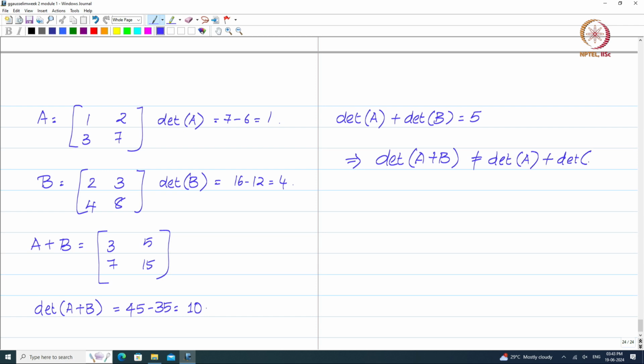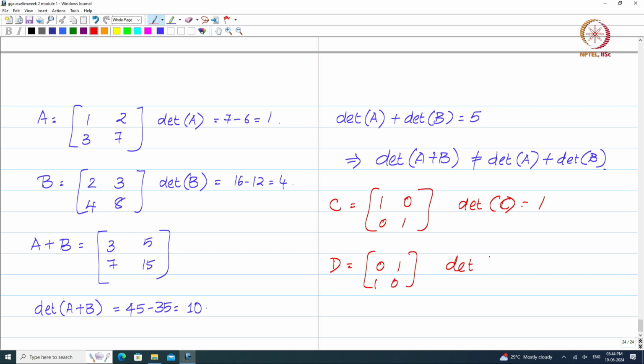However, suppose we take another matrix C, 1 0 0 1. Its determinant of C is 1. Another matrix D, 0 1 1 0. The determinant of D is minus 1. Now, we add the matrices C plus D, then we get 1 0 0 1 plus 0 1 1 0, that will be 1 1 and 1 1.